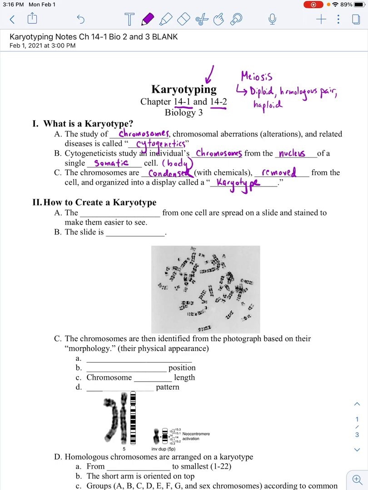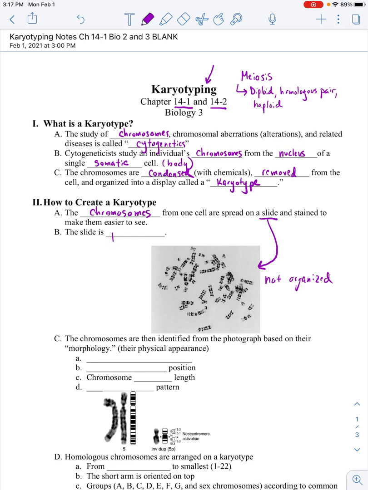So in order to do that, the chromosomes first actually have to be put onto a slide. And that slide is going to look like this. So notice that this is not organized. The chromosomes from one cell are just smeared into a region that you can see under the microscope.